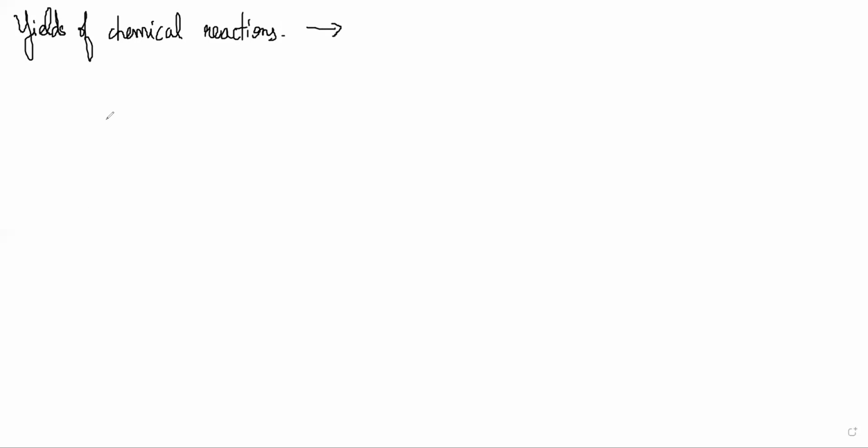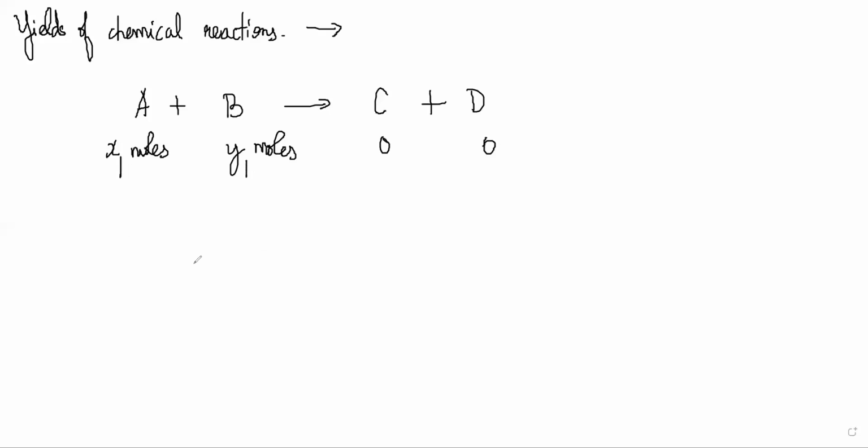What happens mostly is A plus B gives C plus D, let's say, and you have X moles here and Y moles here, and 0 and 0 initially. Then finally X2 will be left over, Y2 will be left over, and some Z1 and Z2 will be formed.